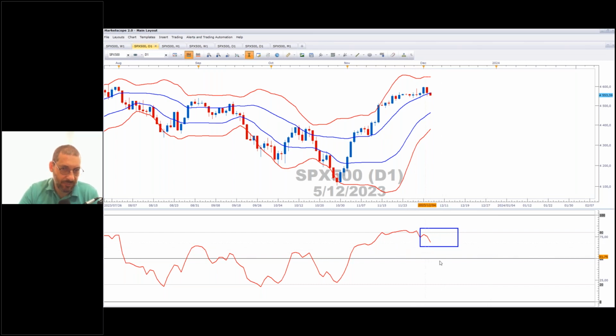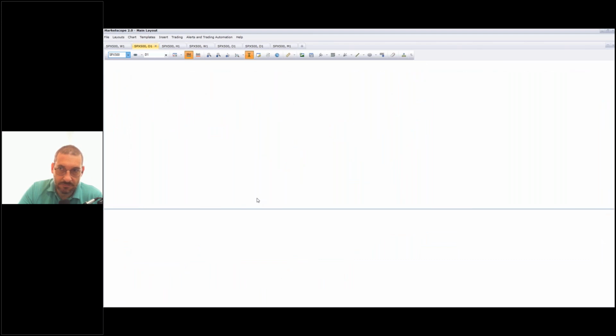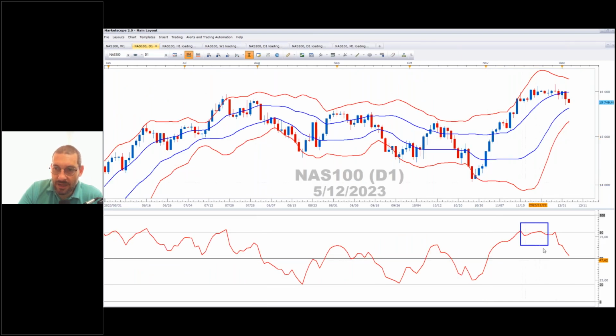I like that. Okay, but the Dow Jones, that industrial component, not quite there yet. Let's take a look at NASDAQ, see where the NASDAQ is. Okay, Nasdaq coming down quite nicely.